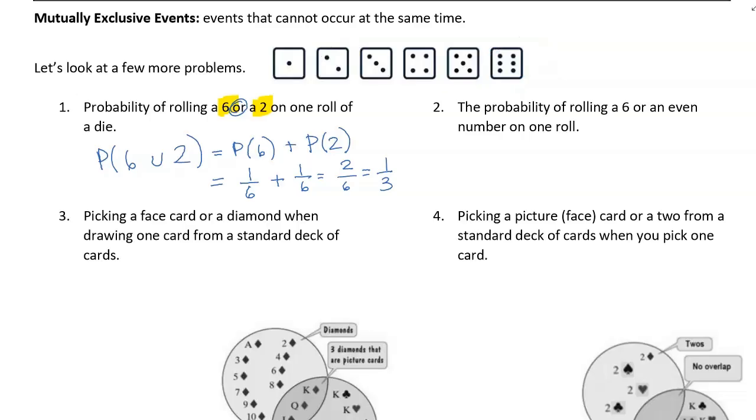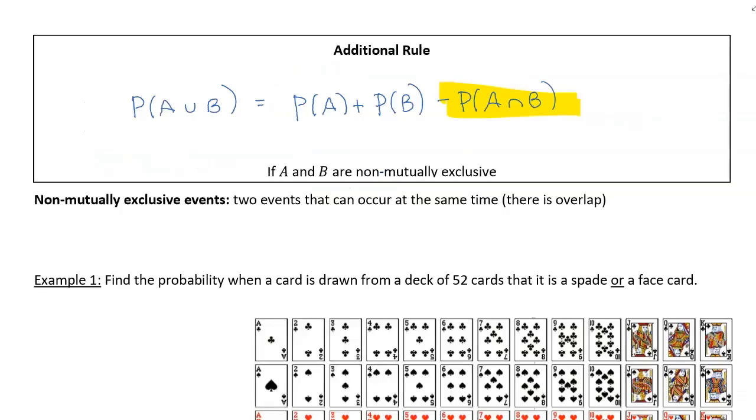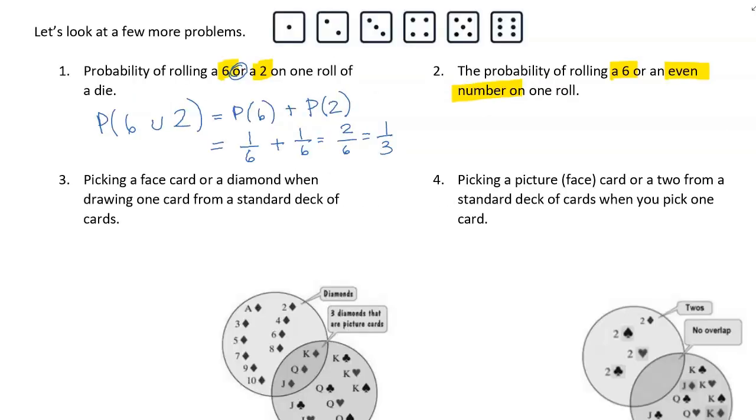The next one says, find the probability of rolling a 6 or an even number. Now for that, I do see some overlap. That means we're going to use the addition rule for non-mutually exclusive events. So the probability of rolling a 6, and then there's that word again, or.